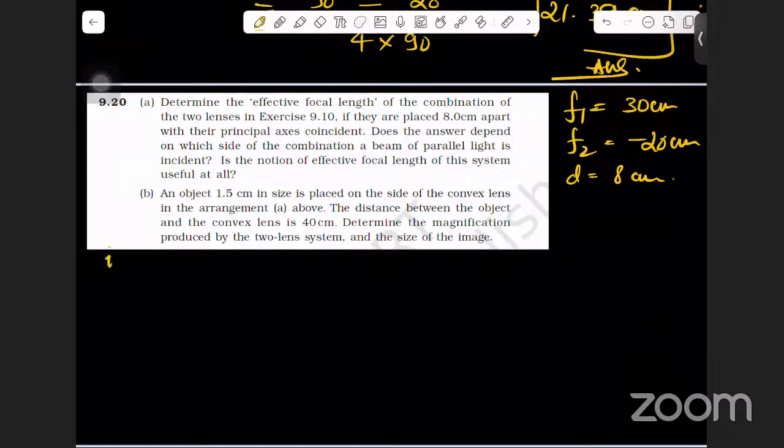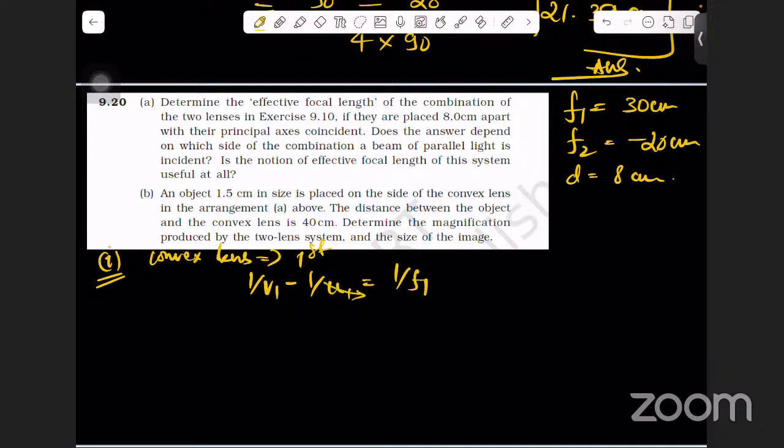In the first case, let's say we have the convex lens first. The incident ray first falls on the convex lens. So 1 by V1 minus 1 by U1 is 1 by F1.